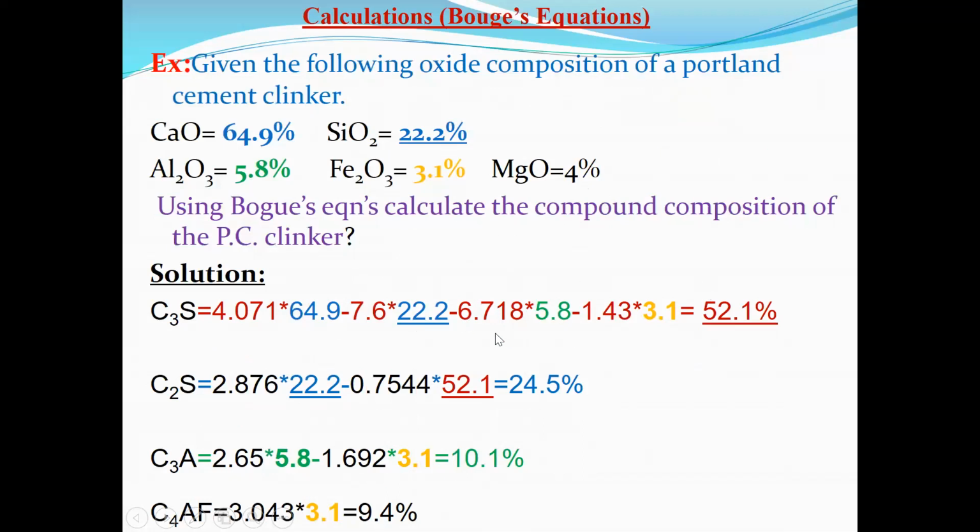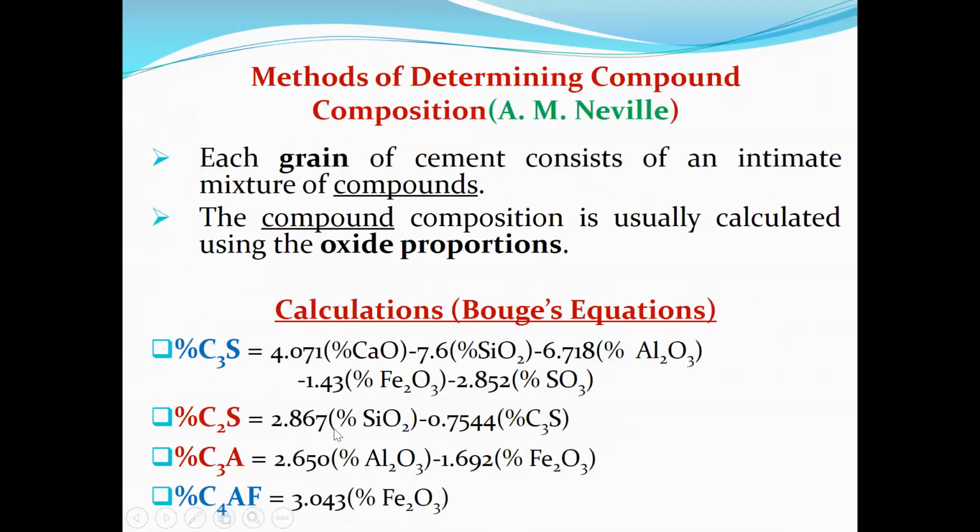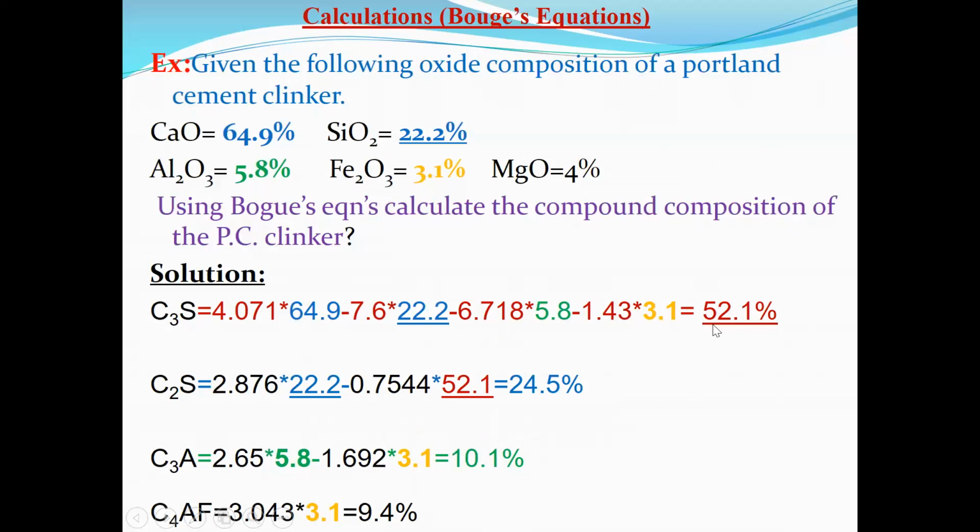With these ingredients, when C3S forms, its percentage will be 52.1%. Similarly, for C2S the formula is 2.867 multiplied by percentage of silica, minus 0.7544 multiplied by percentage of C3S, which you have calculated here.